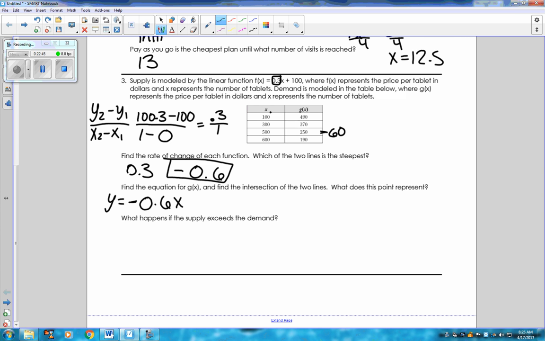What am I going to do with this number? Add. So we're going to add 60. So what is 490 plus 60? So that's my equation.